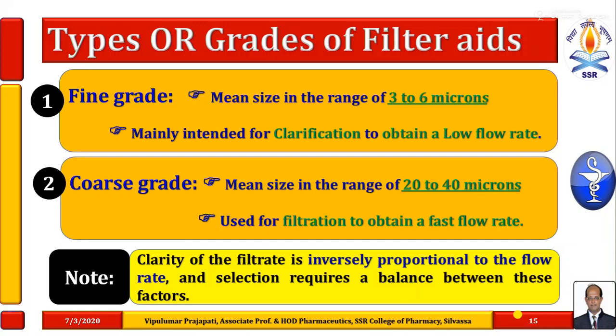Kindly note, clarity of the filtrate is inversely proportional to the flow rate, and selection requires a balance between these factors. Hence, it is required to select the desired grade whenever we need a valuable filtrate as a clear, clean, sparkling filtrate end product.